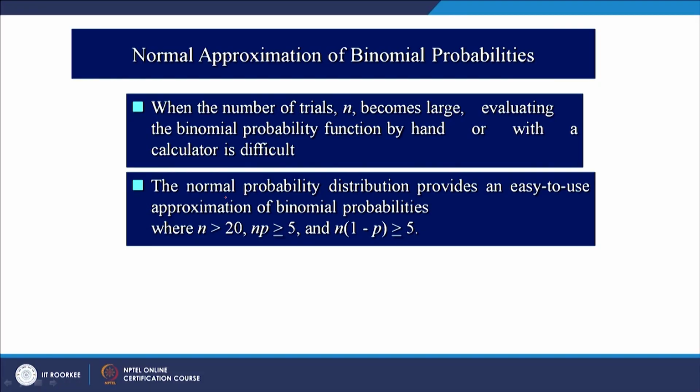Now, let us look at the normal approximation of binomial probabilities. We have seen in the case of discrete distributions that we used the Poisson distribution instead of the binomial distribution. Why did we use the Poisson distribution?